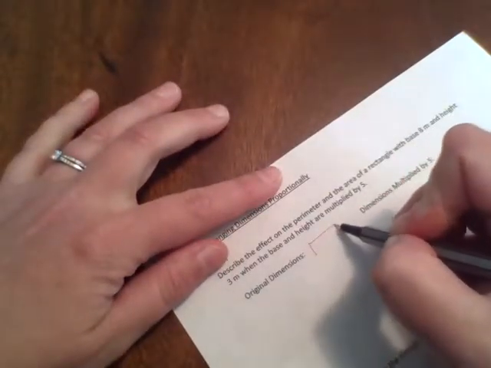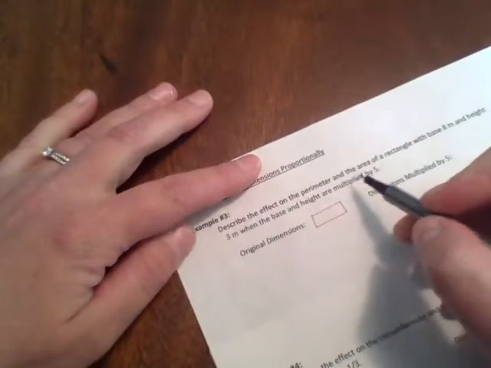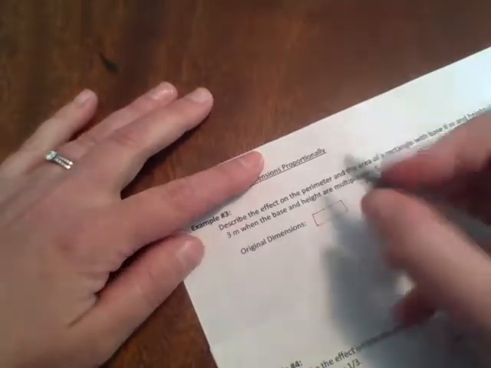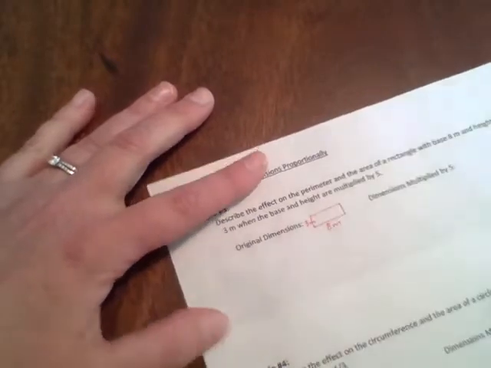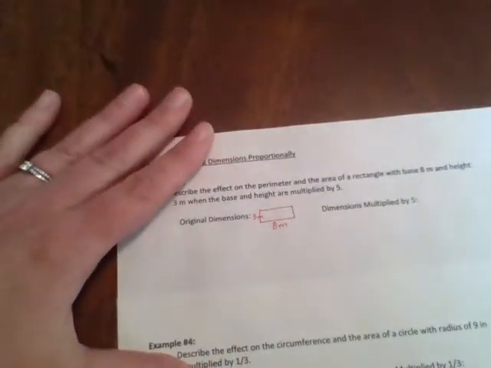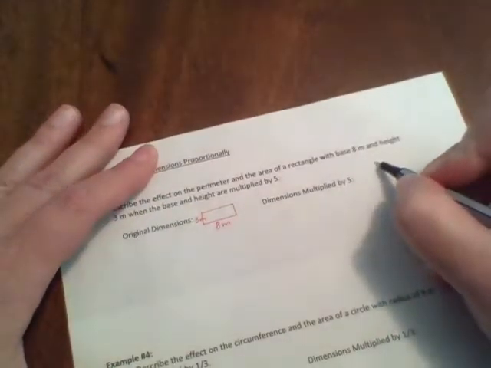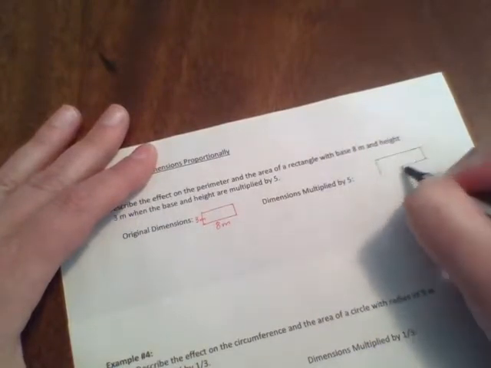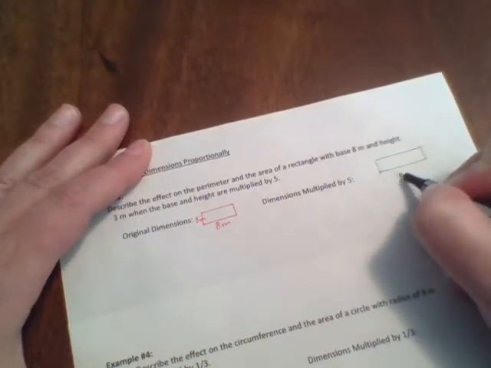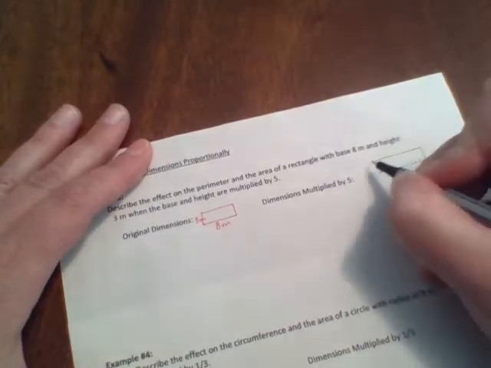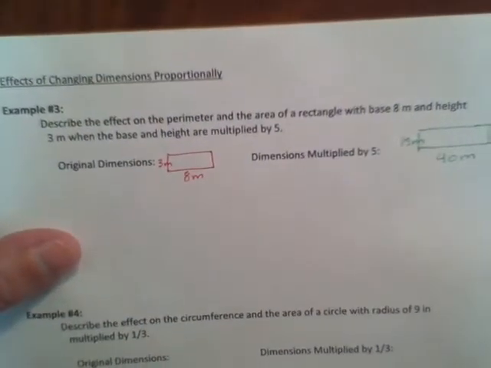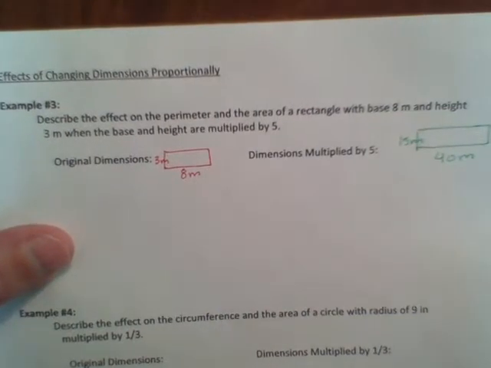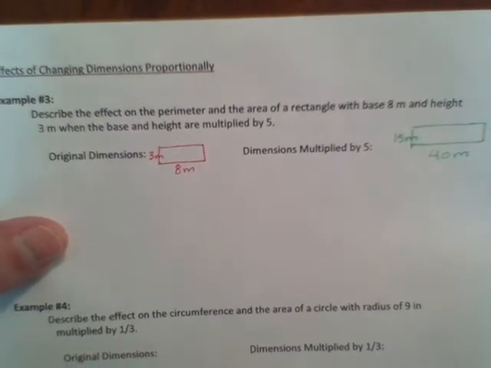So the official start of our image here is a base of 8 and a height of 3. But when your dimensions are multiplied by 5, the next rectangle, which is not drawn proportionally, is going to be 40 meters by 15 meters. And so we're going to talk about what happens to the perimeter and the area when you do this.